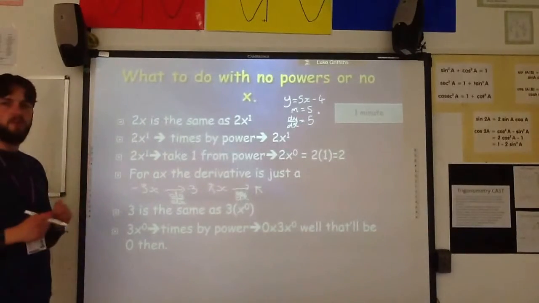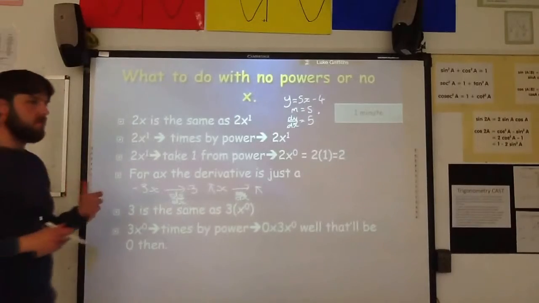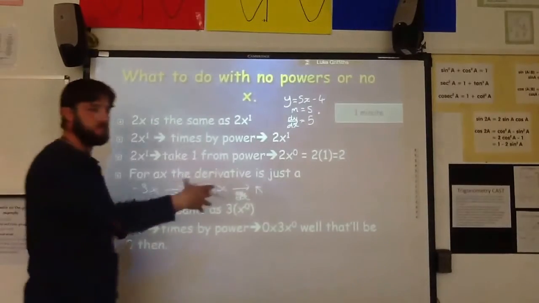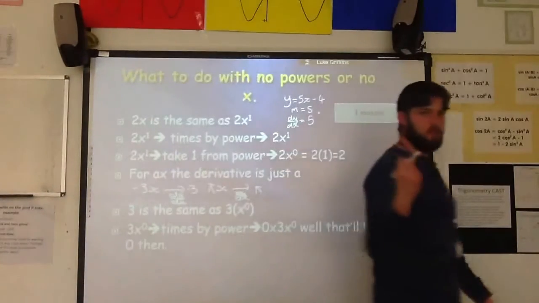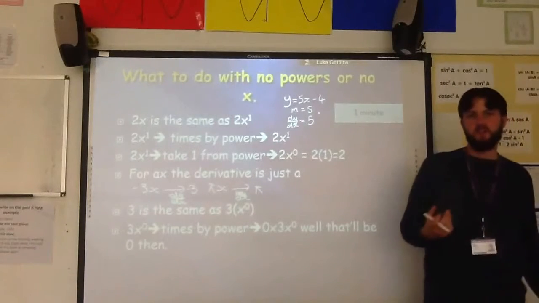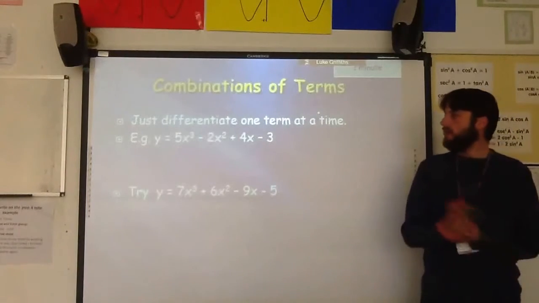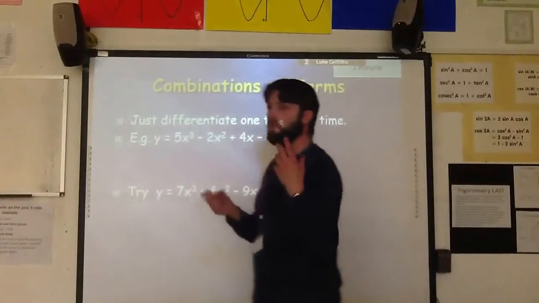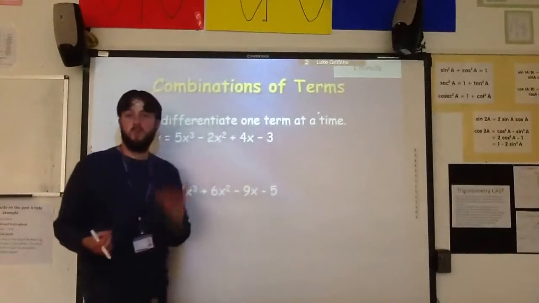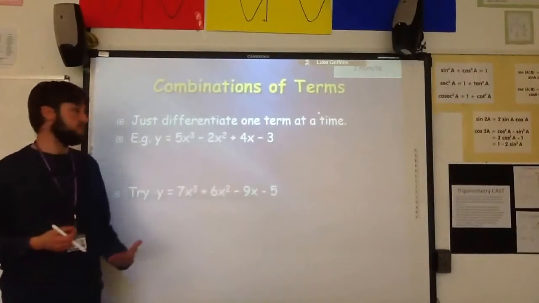So the final thing that we need to deal with is what happens if we've got lots of terms? What happens if it's more than just one term, like 5x squared, 3x cubed? Well, the answer is that we just differentiate every term on its own and go through the function that way.